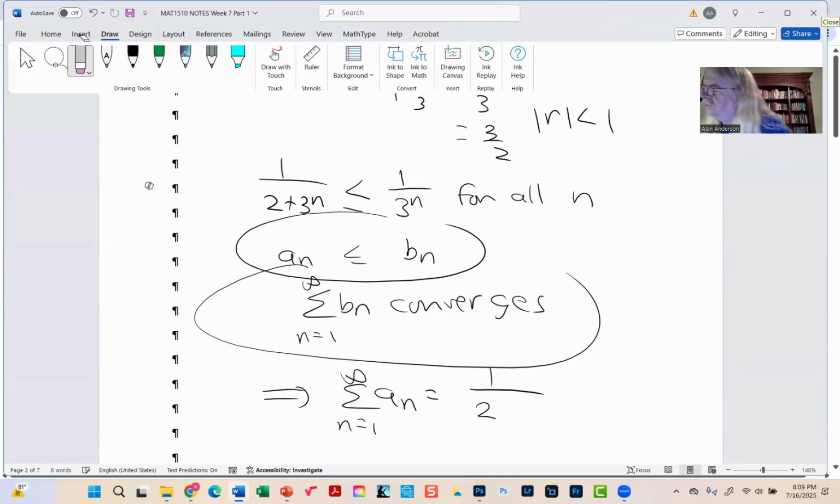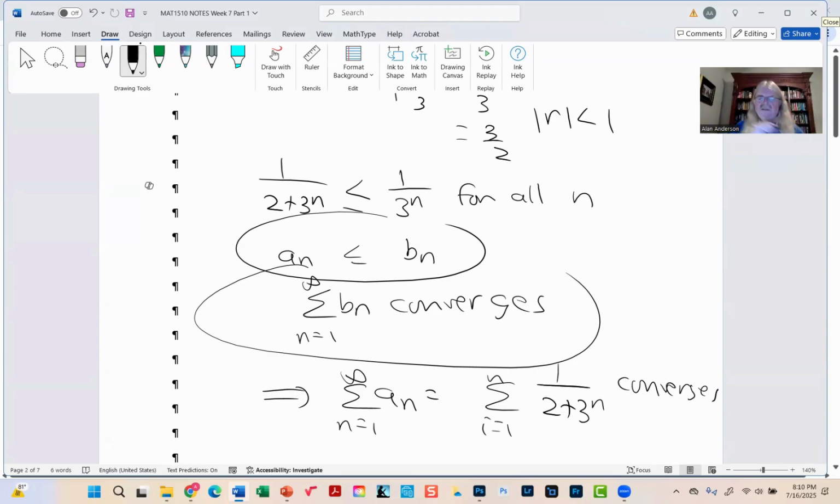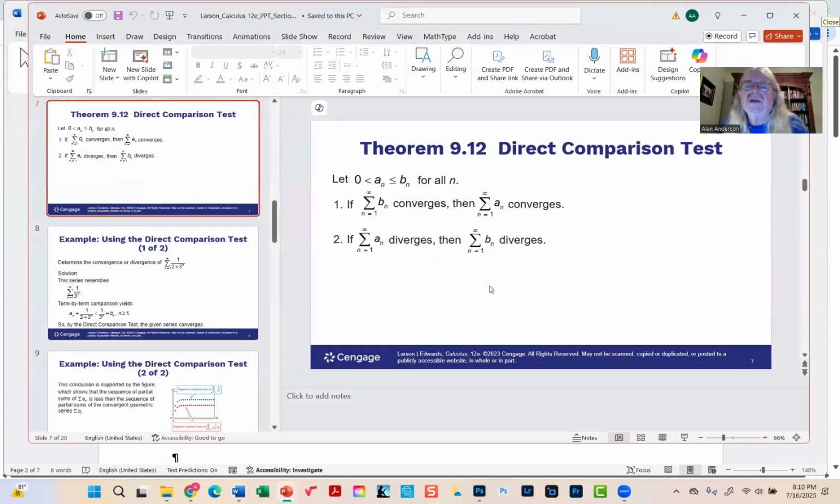And that's the 1/(2 plus 3^n) converges. Okay. So this is how this technique works, the direct comparison test.